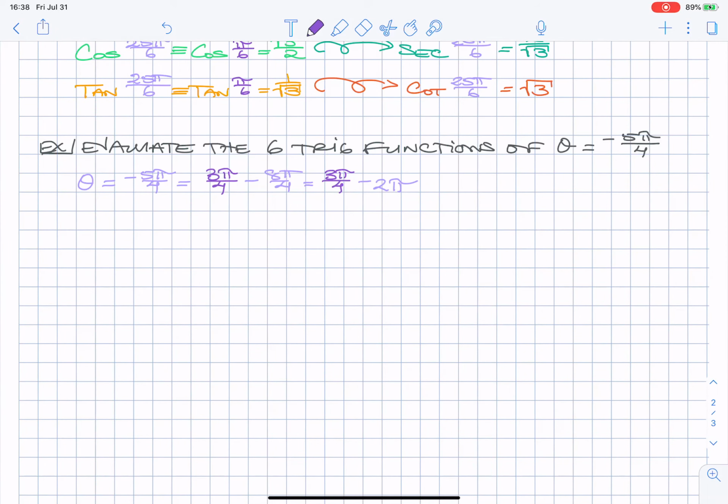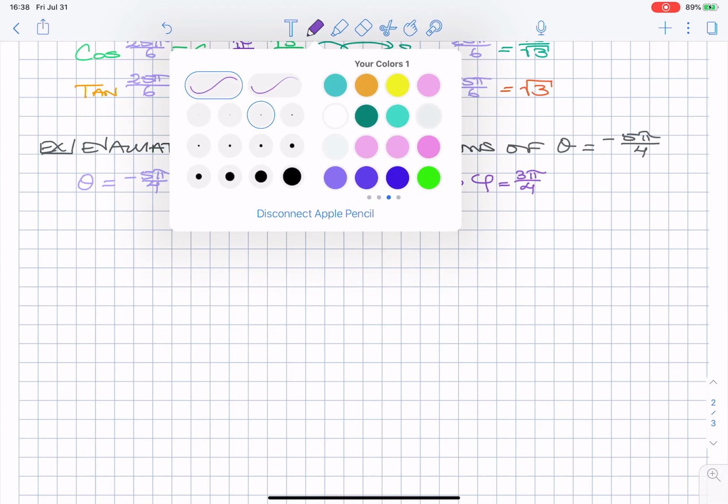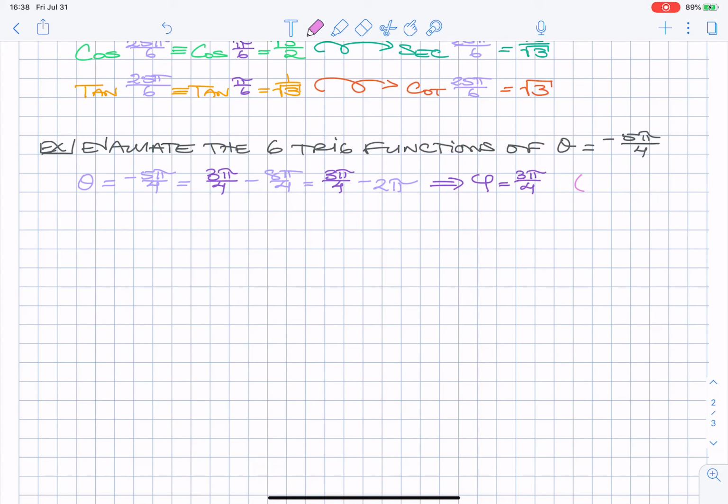So the equivalent on the unit circle, phi between 0 and 2 pi, is 3 pi over 4, the 45-degree reference angle in quadrant 2. Well, thank goodness 45 is just root 2 over 2, comma root 2 over 2. But the x-coordinate is negative in quadrant 2. So I just tack on a negative for the x-coordinate.